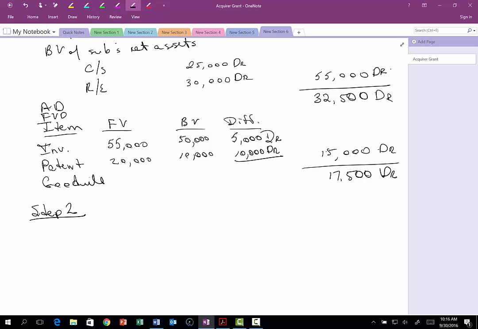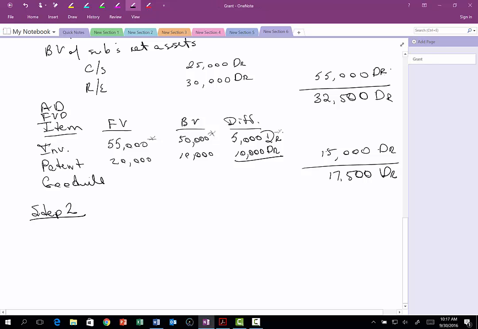The sub, of course, will have actually determined cost of goods sold based on 50,000. Okay, that was their book value. However, when that inventory is sold, from our perspective, in the consolidated statements, because we've recorded the inventory at 55, that's going to mean that in fact cost of goods sold for that inventory needs to be 55,000. Okay, which means we're going to then have to adjust cost of goods sold by that $5,000.